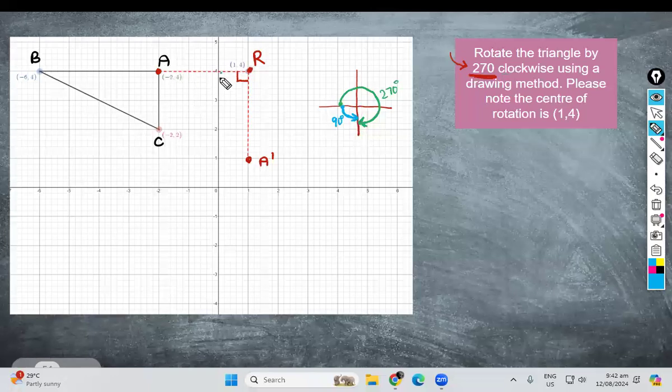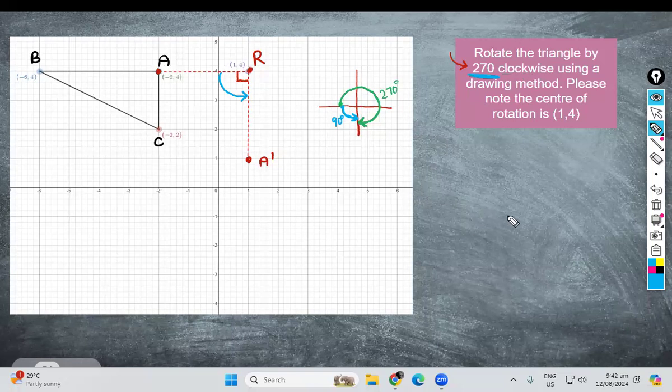So this angle here is 90 degrees anti-clockwise, but that's the same thing as 270 degrees clockwise. Okay? It makes it easier now because it's easier to measure 90 degrees on a protractor rather than what? 270.